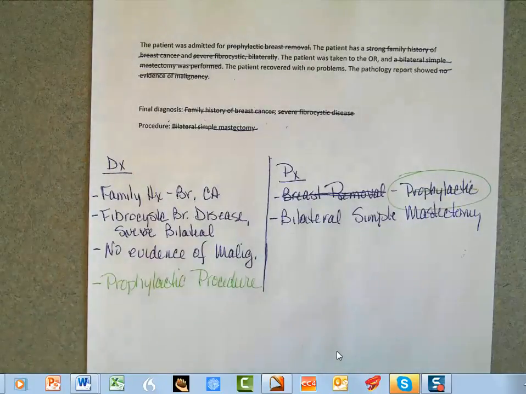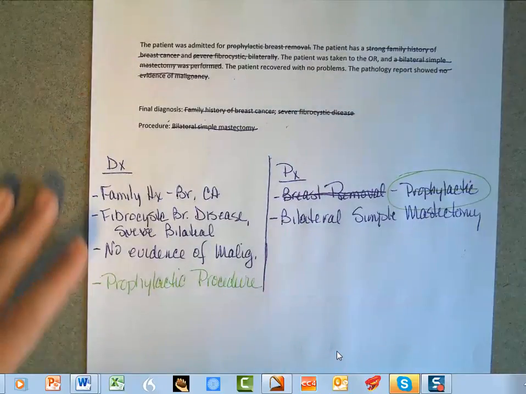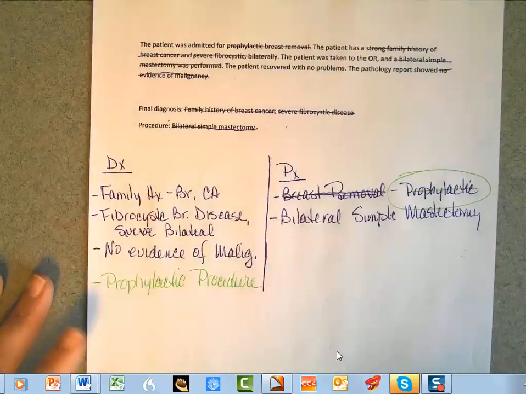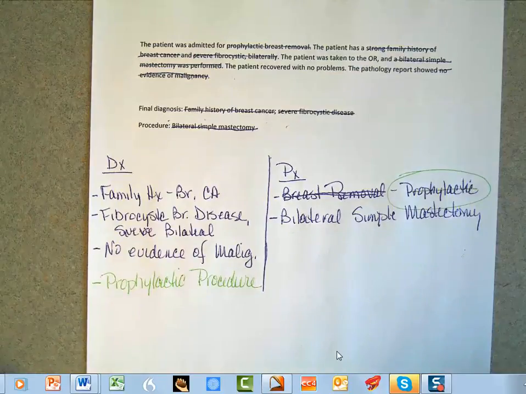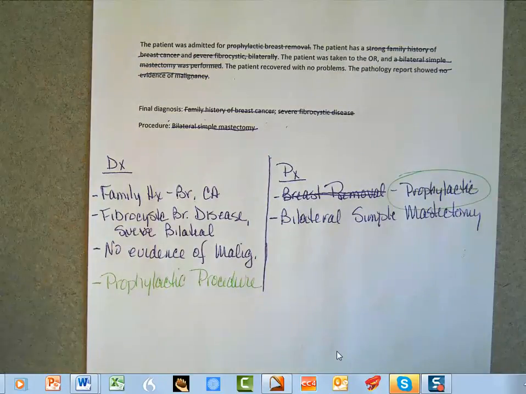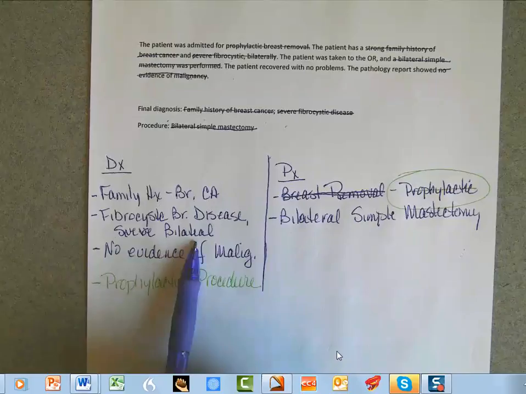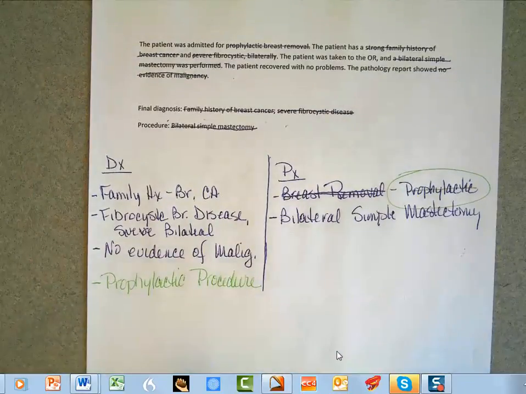Now, when we look at these, was this individual admitted to the hospital because she has a family history of breast cancer? No, because that's not something that we treat, okay? Was she admitted for fibrocystic breast disease? No. Even though we did a bilateral simple mastectomy, that is not a typical procedure that's done for fibrocystic breast disease, which is just lumpy breast tissue.